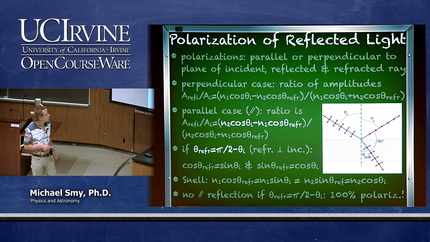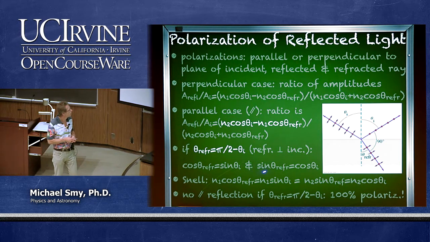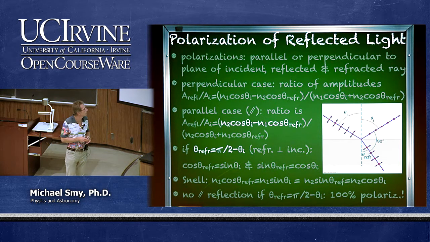Now, the interesting case is where the reflected ray is perpendicular to the refracted ray. That is interesting because in that case, the cosine of the refracted angle is the sine of the reflected angle or of the incident angle, and the sine of the refracted angle is the cosine of the incident angle.